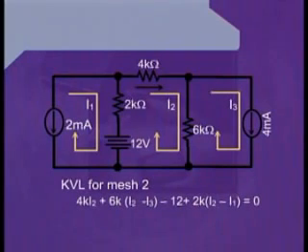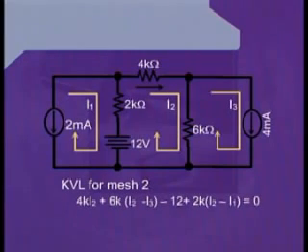Be careful, once again, we are at the boundary branch of the two meshes. Therefore, from this boundary branch, two currents will be flowing at a time. However, these two currents will be flowing in the opposite direction as compared to each other.